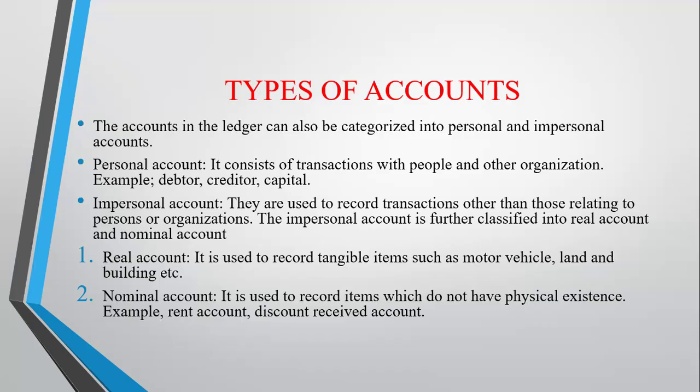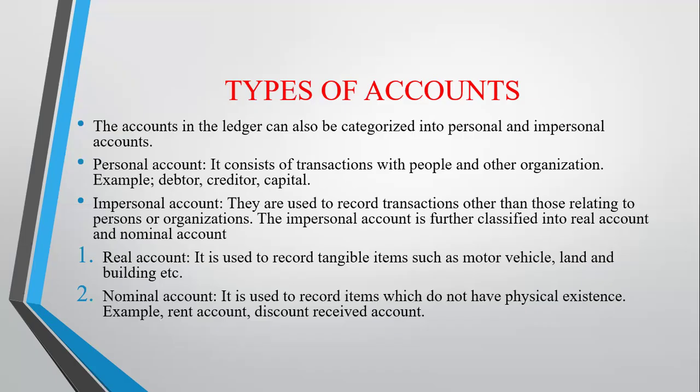The real account is used to record tangible items such as motor vehicles, land and building, inventory, equipment, and all those tangible items that we have. All those accounts are called real accounts. So the motor vehicle account is a real account.